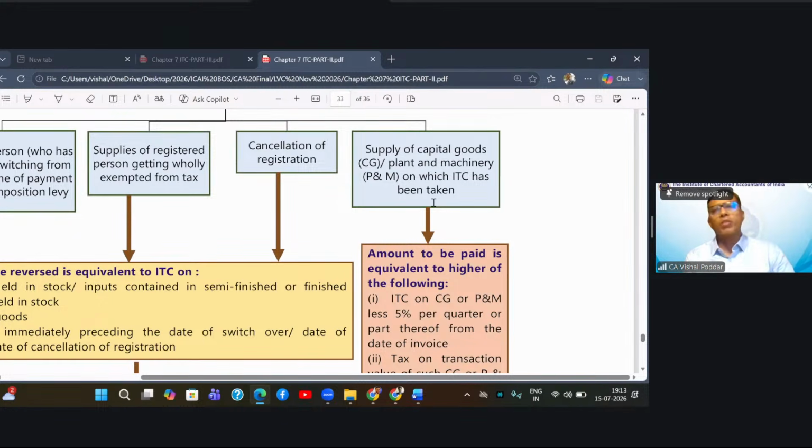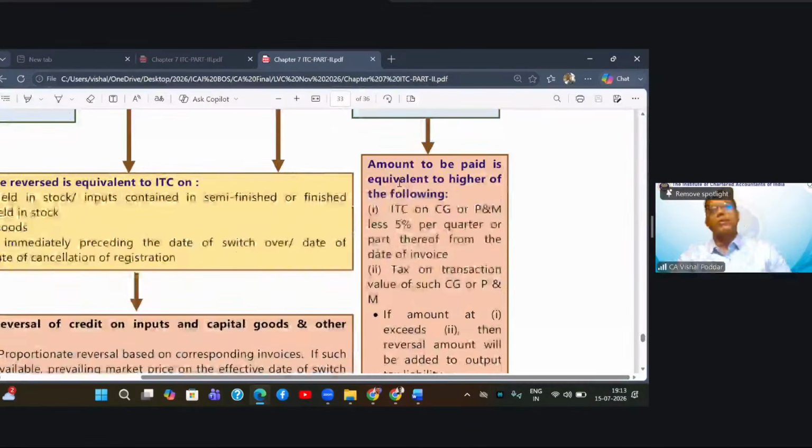So when you are selling off your capital goods, then again you have to reverse the ITC. Now how much ITC you have to reverse? It will be higher of two amounts. Now you are selling off your old capital goods or old plant and machinery, you have to reverse or pay how much? Higher of two amounts.